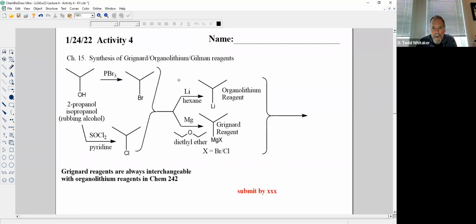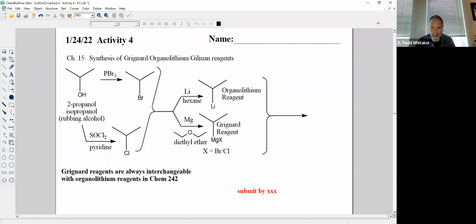Similarly, how do you make a Grignard reagent? You start with an alcohol. You can make either of these two, and then react it with magnesium metal in diethyl ether, and you make a Grignard reagent.